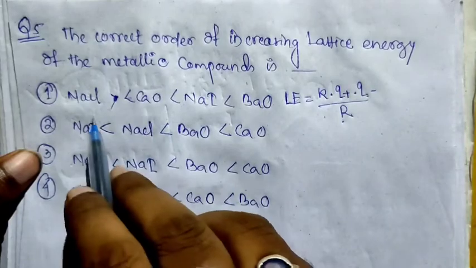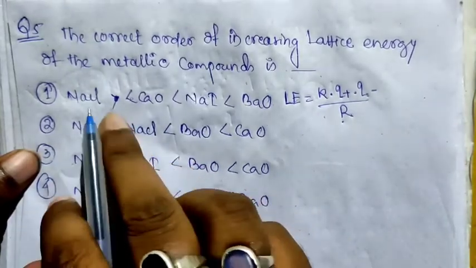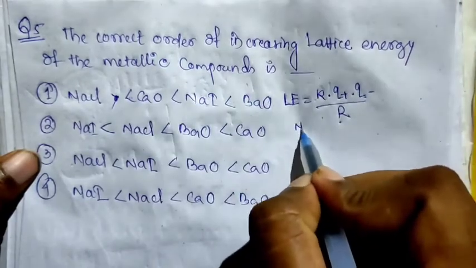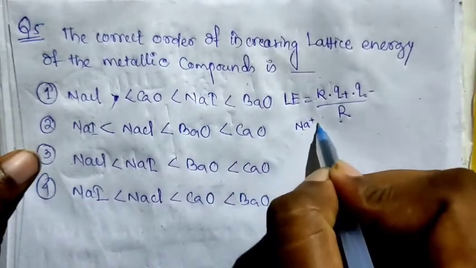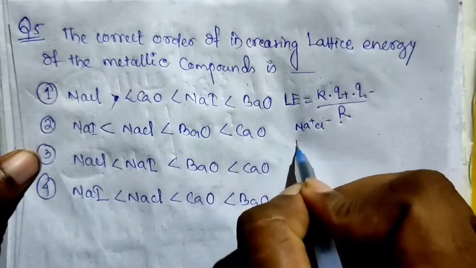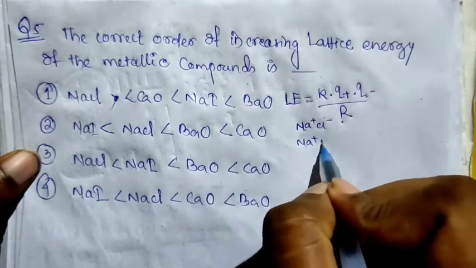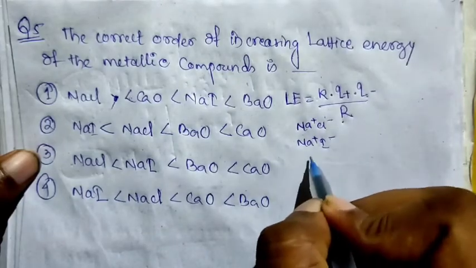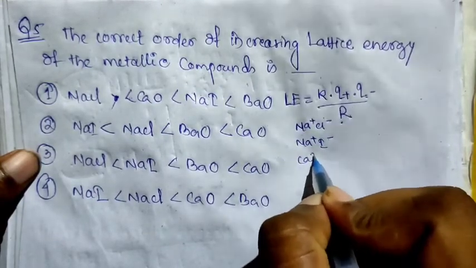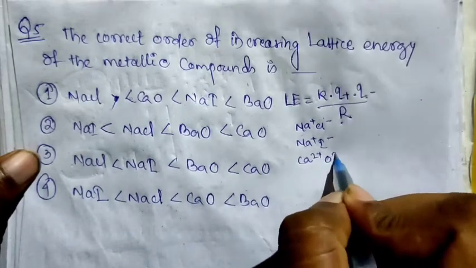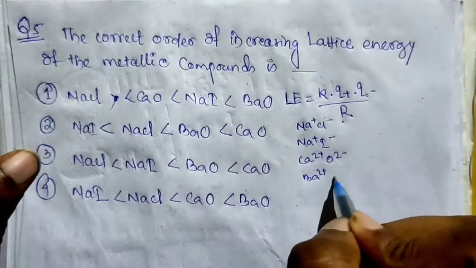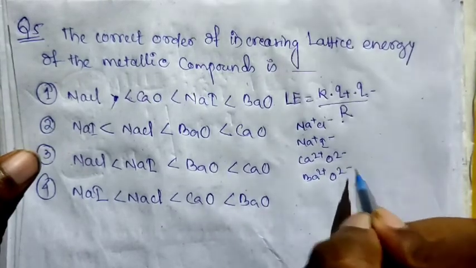So we first resolve these 4 compounds into their ions: Na+ Cl-, Na+ I-, Ca2+ O2-, Ba2+ O2-.